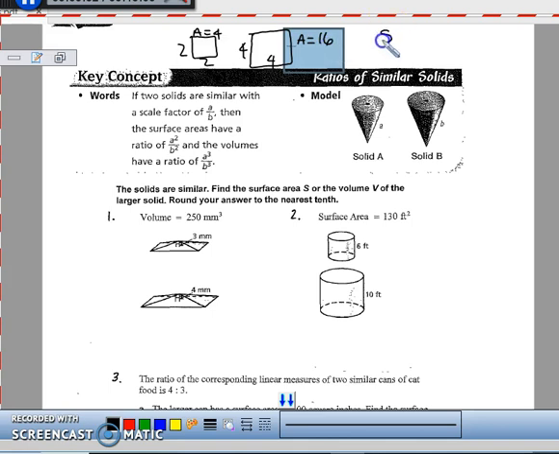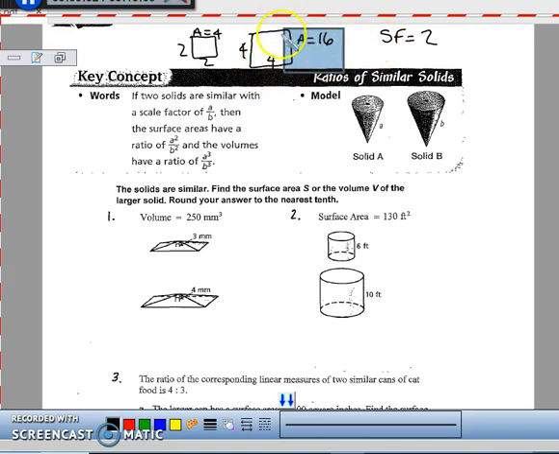So I'm going to look at what we did to these similar figures. When we went from 2 to 4 on the side lengths, the scale factor, or what you multiplied by to go from one to the other, is 2, because 2 times 2 gives you 4. The scale factor is what you multiply all the dimensions by to get the new figure. Okay?